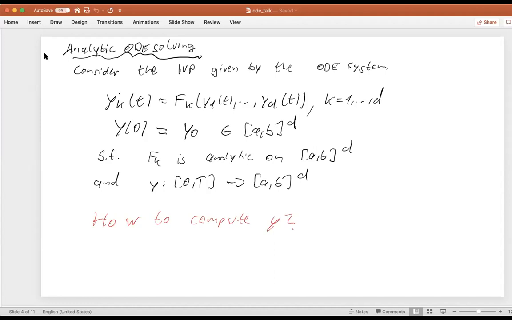Okay, all the results I will show today will hold in this general setting with some slight modifications. But for the talk, I want to make some simplifications. First, I just want to look at one-dimensional functions.